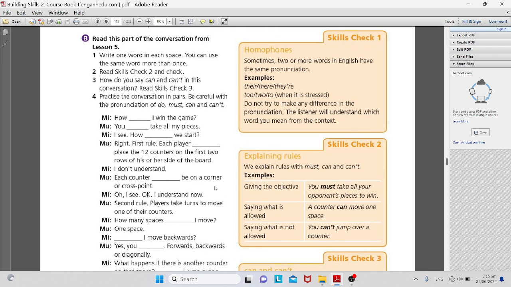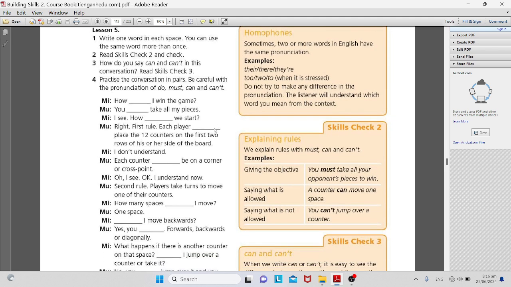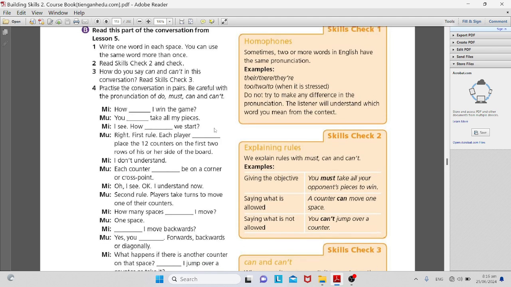So you can go back to Lesson 5 and fill in here. Okay, this is very important. So you say must, can, can't. So what's suitable here?